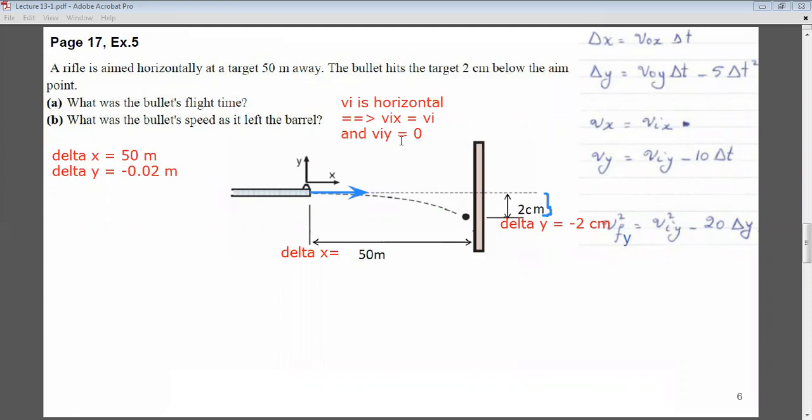So let's start with delta x. V initial x is v initial, but I don't have it. So I cannot use the first equation.